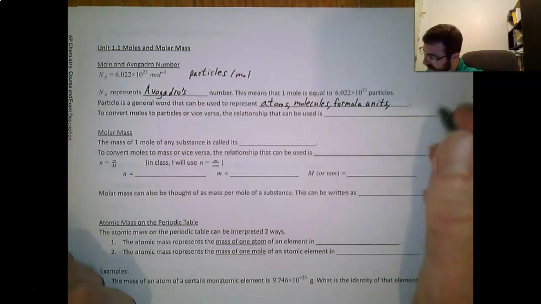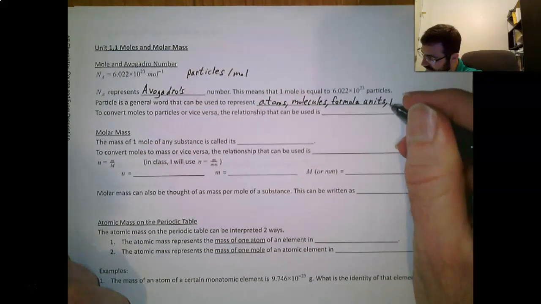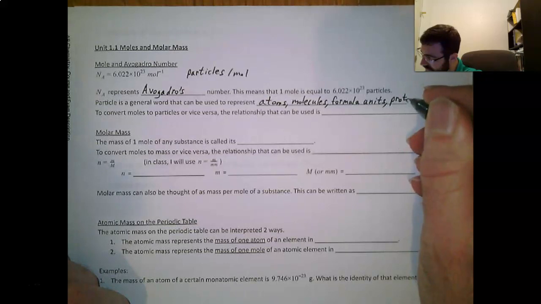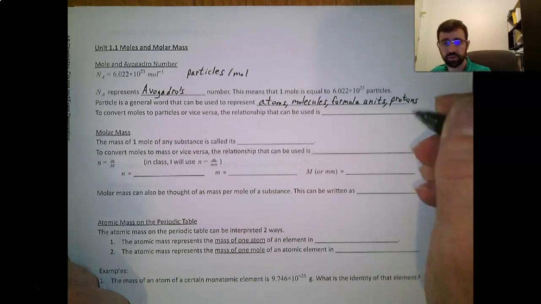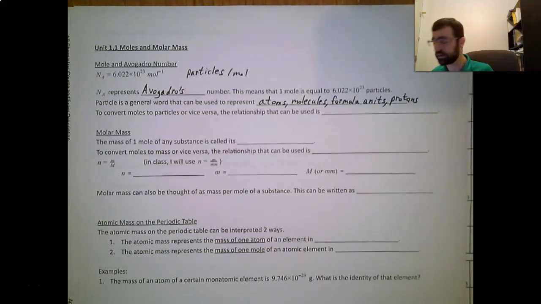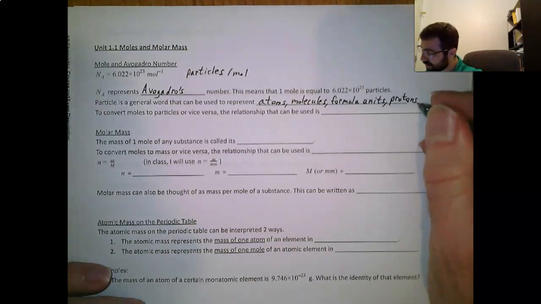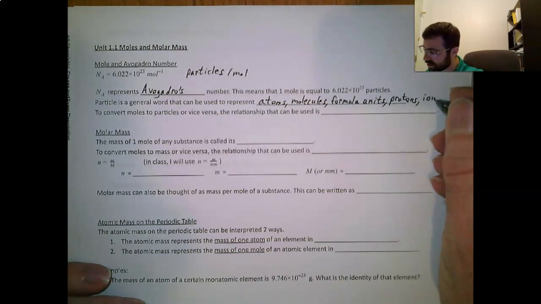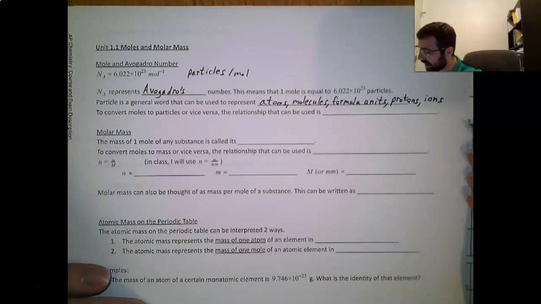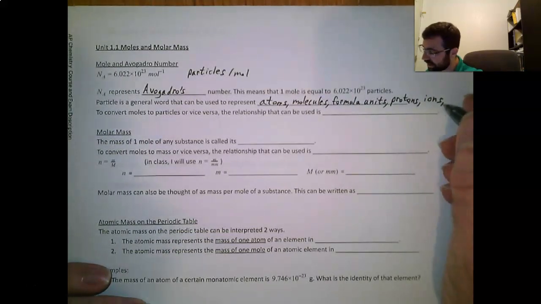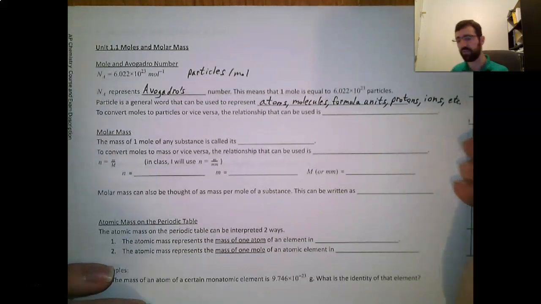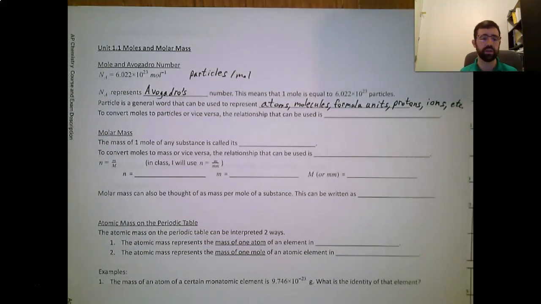It could also represent subatomic particles: protons, neutrons, electrons. It could represent ions, which is basically a charged atom or a charged molecule, etc. There's a lot of other things. Photons, we'll get into some different ones later, but it can be any particle.